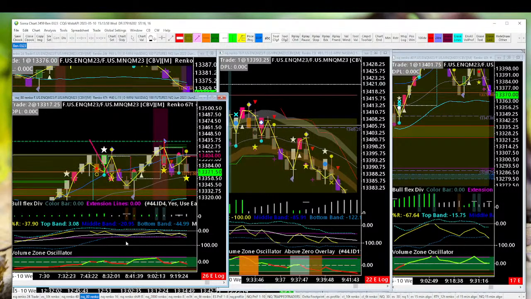Like if you took this one, this star, you would have gotten paid. But let's say it didn't even get to the midpoint, and then it came up and swept up liquidity only to trigger again, and then eventually go lower.